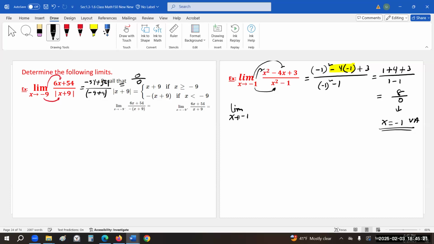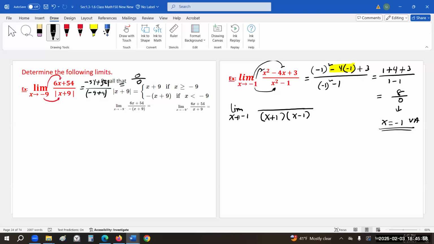The limit as x goes to -1. Can you simplify this function anyhow? What do you think? Yes, wonderful. How? Using factoring. Perfect. The denominator is a difference of two perfect squares. So what are the two factors we have on the denominator? x plus 1, x minus 1.